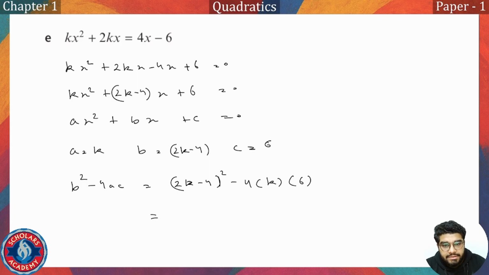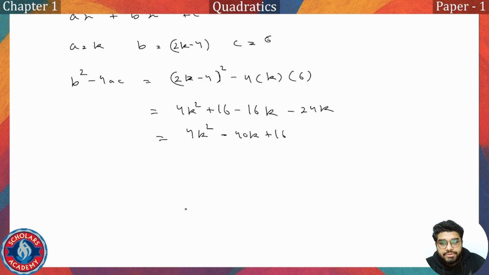Squaring this, we get 4k² + 16 − 2 fours are 8 into 2, that is 16k, and minus 6 fours are 24k. So if I simplify it, I get 4k² − 40k + 16.